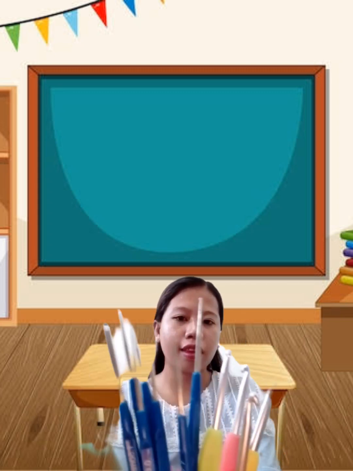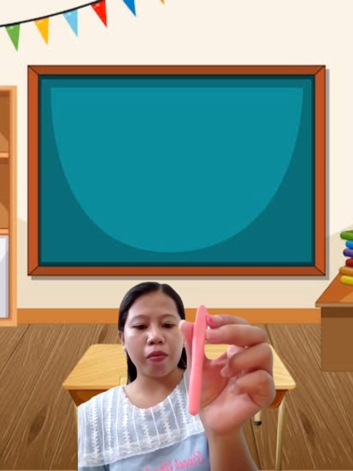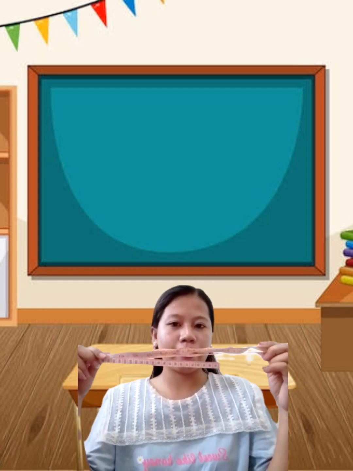These are the crochet hooks. This is a 5 mm hook and a 6 mm hook. Alright, and of course it is the measuring tape. Next is the tapestry needle.